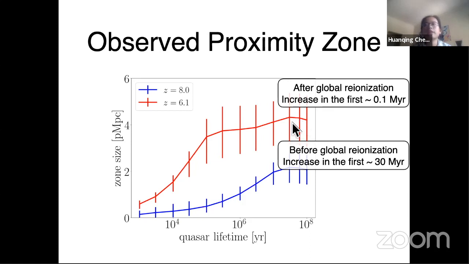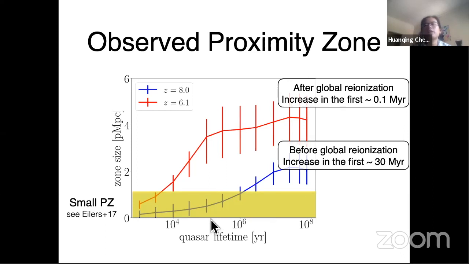Interestingly, in observation, Eilers et al. 2017 has measured some quasar sightlines that have very small proximity zones. And I encourage everybody to listen to her talk tomorrow. So how to explain the small proximity zones is always a challenge.